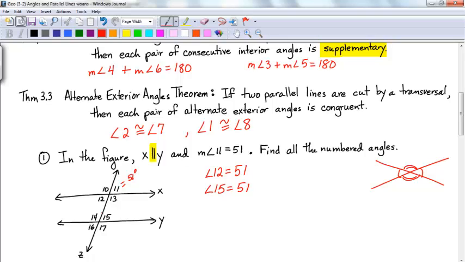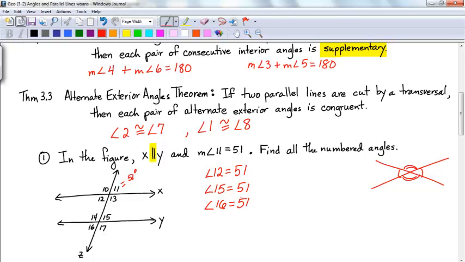Yep. If you look, you can go different ways. You can go corresponding with 11 and 15, or with 12 and 15, you could go alternate interior. What else is equal? 16 to 15. Why 16 to 15? Vertical angles. Yep. There are several relationships in there. So we've got all of those.